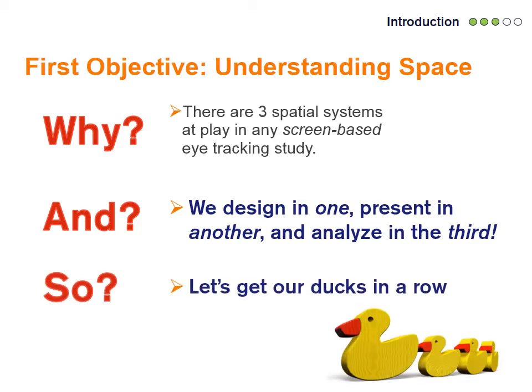So let's get our ducks in a row and do a little exploration of these three spatial systems and what that means, starting with the design process and the considerations that are involved in rational design of your eye tracking stimuli, all the way through to the analysis stage, where you might be setting up areas of interest to get the best gauge on visual behavior on that stimulus.